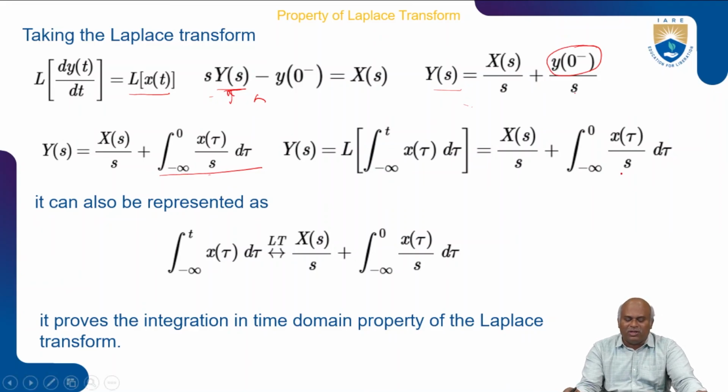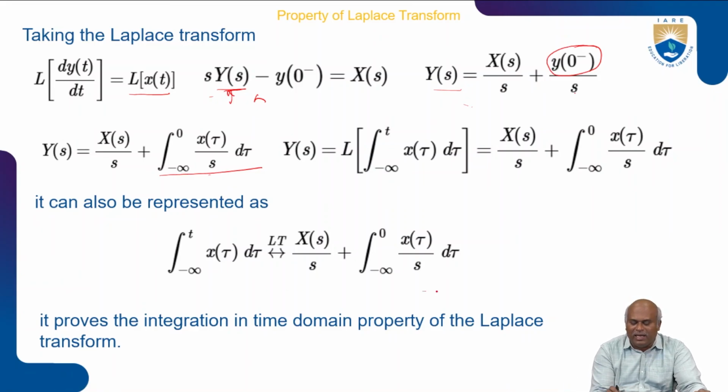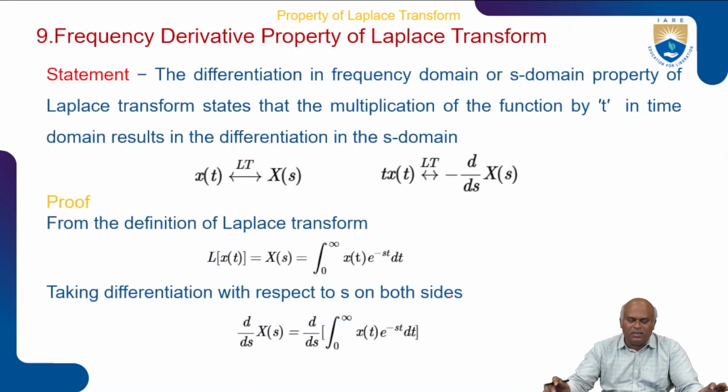It can also be represented like this: the Laplace transform of the integration from minus infinity to t of x of tau d tau is x of s divided by s plus the integration from minus infinity to 0 of x of tau divided by s d tau. The integral property of time domain of Laplace transform is proved. Next case, frequency derivative property of Laplace transform.